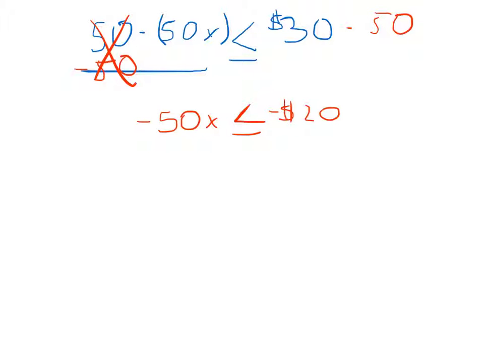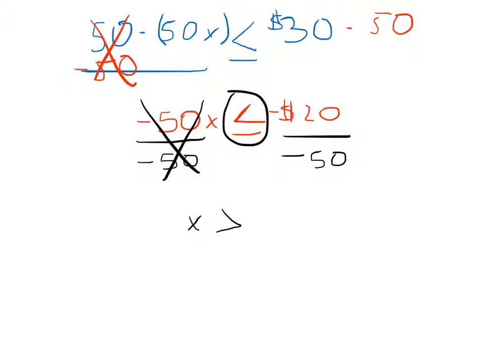Alright, next step then is to divide by negative 50 on each side to cancel out over here. So x, and now because I did division, I got to switch the symbol around, will be greater than or equal to 20 over 50.